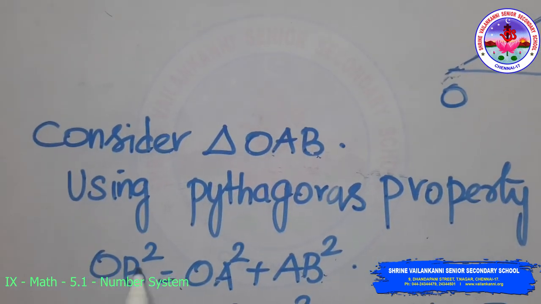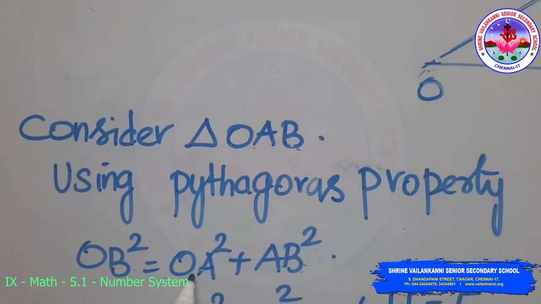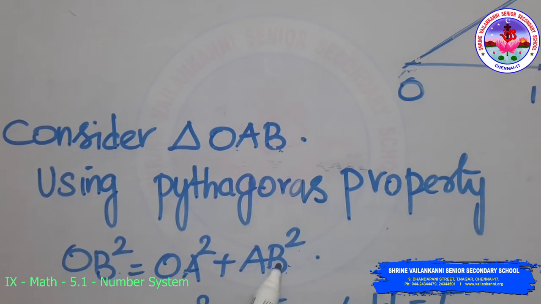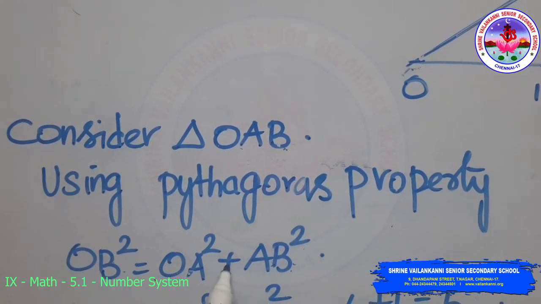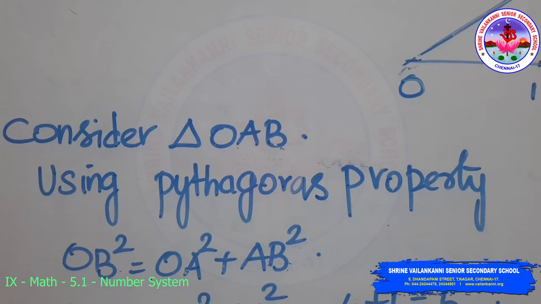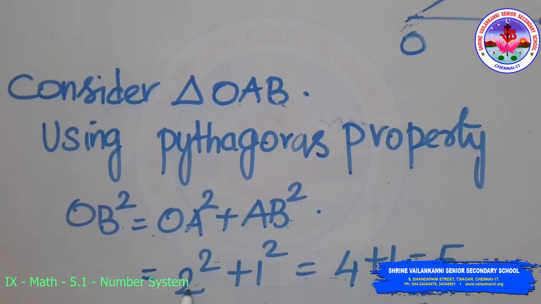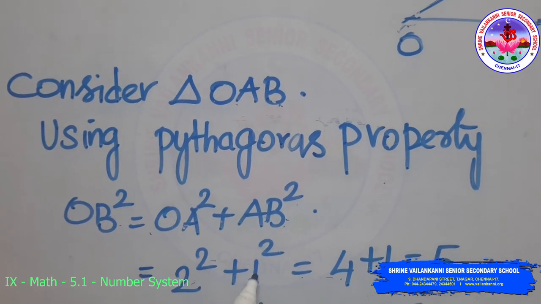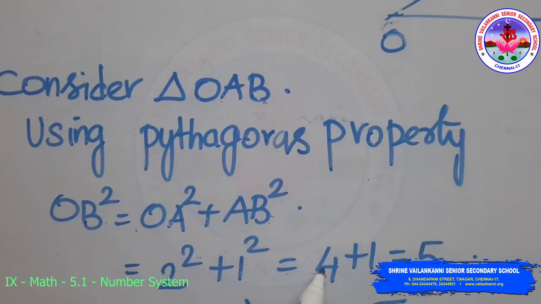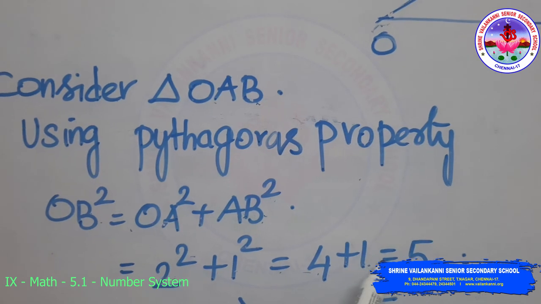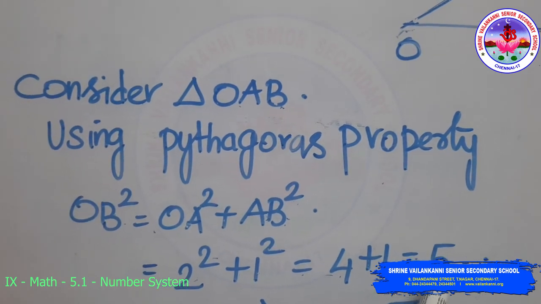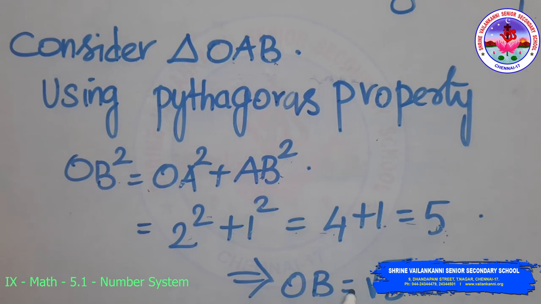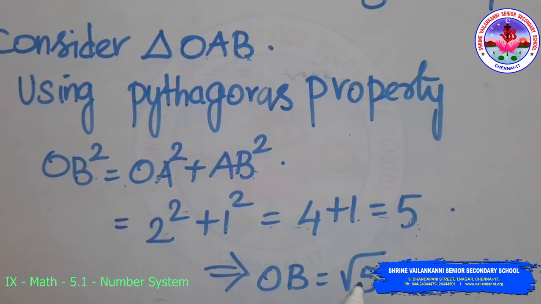Hypotenuse squared, that is OB squared, is equal to the sum of the other two squares, that is OA squared plus AB squared. OA is 2 units, so OA squared is 2 squared plus 1 squared, which is equal to 4 plus 1. So I got OB squared as 5. So OB is equal to square root of 5.